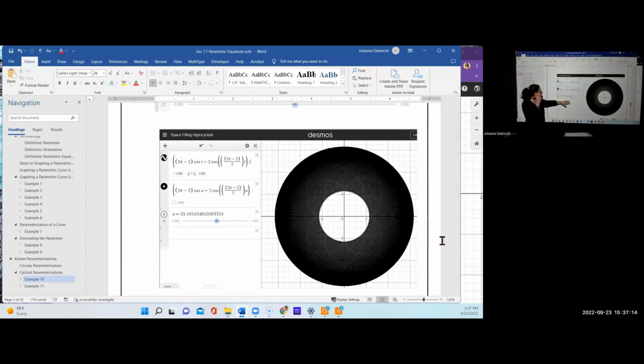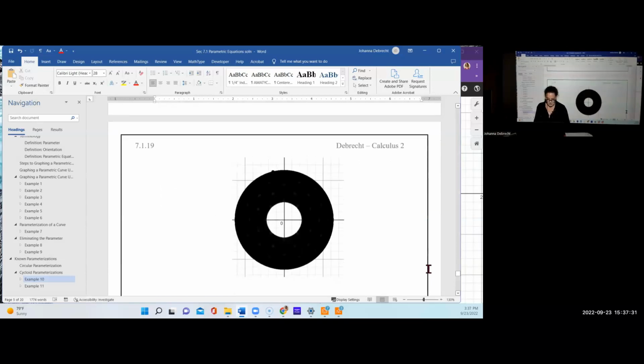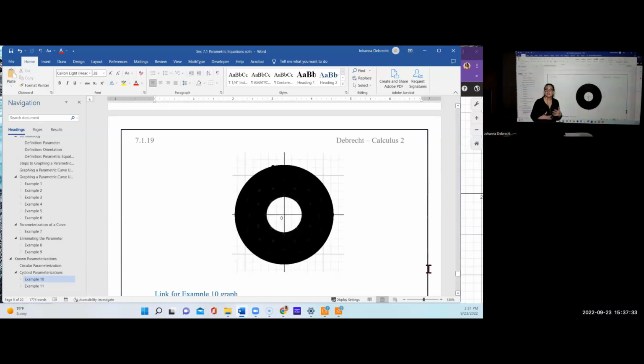Now, what I see so far is I've stopped it. It's gone from -1,000 up to a little more than 33. And you can see that there's still some empty spaces in here, right? I mean, there's still some white space in that curve. If I allow it to go all the way up to 1,000, though, it just produces a solid black annulus. This is called an annulus, otherwise known as a ring shape.